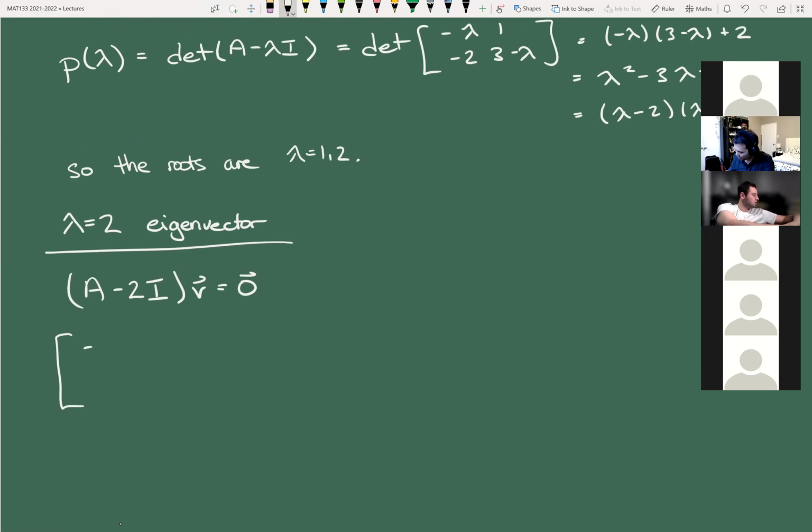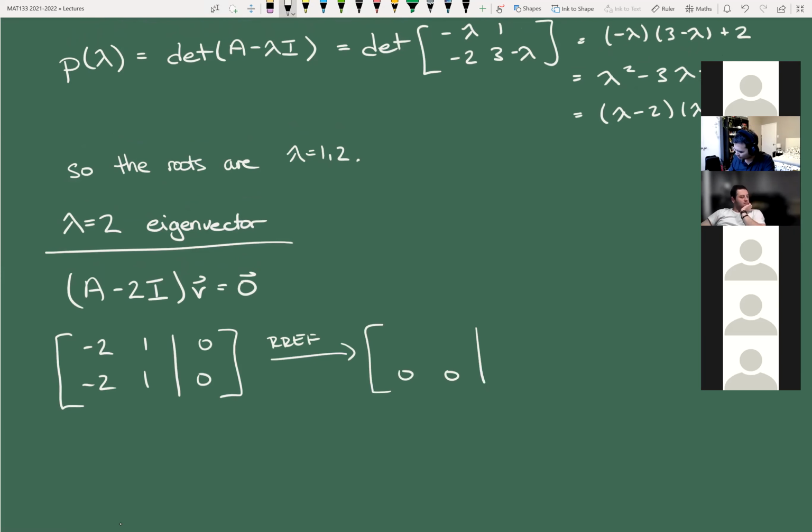A minus 2I is going to be -2, 1, -2, 1. And then if I write this system as an augmented matrix, I'd write it with my vertical line and 0, 0. Row reducing this is pretty easy. So let me just put this in RREF for you. Definitely the bottom row becomes zeros.